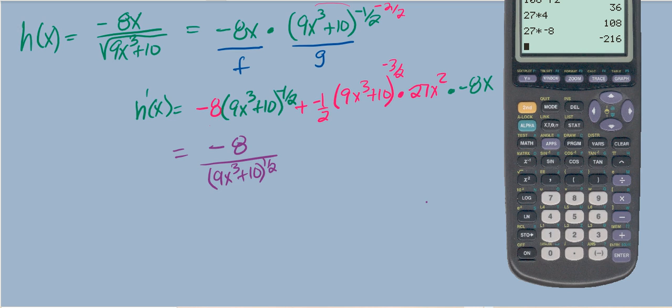I still need to divide it by this 2 here. That gives us 108. It surely does.